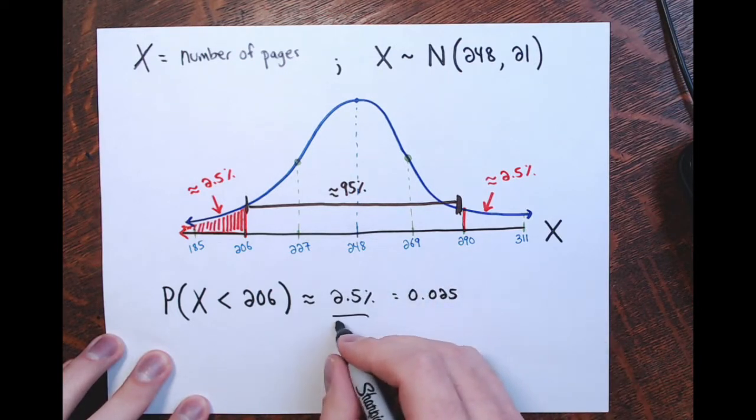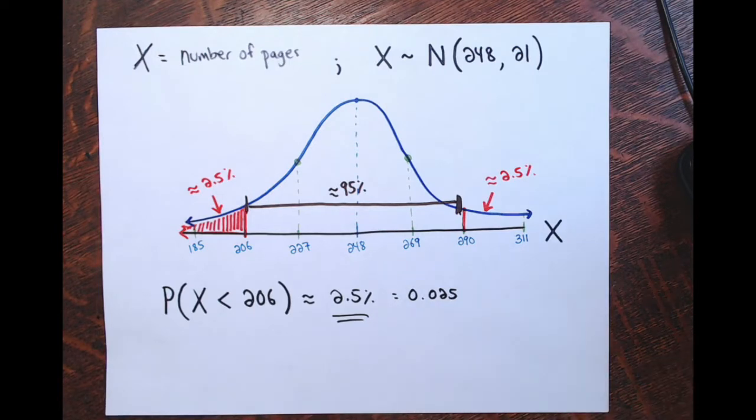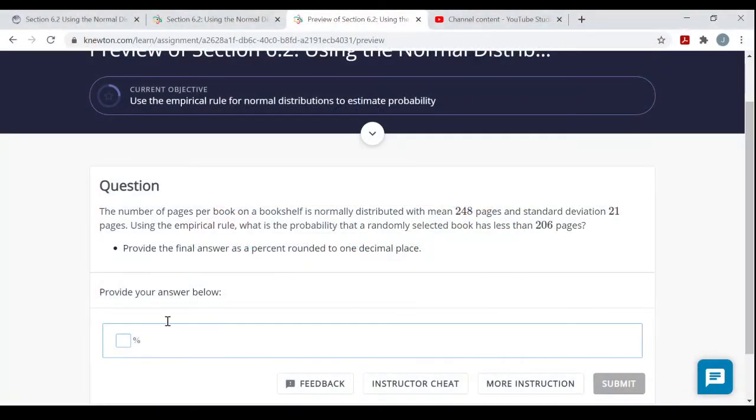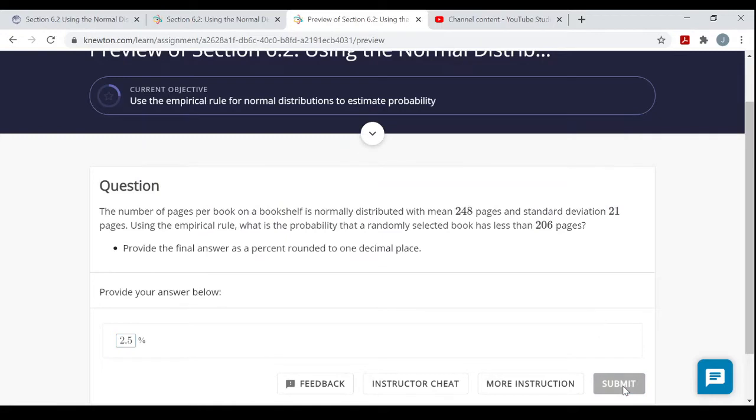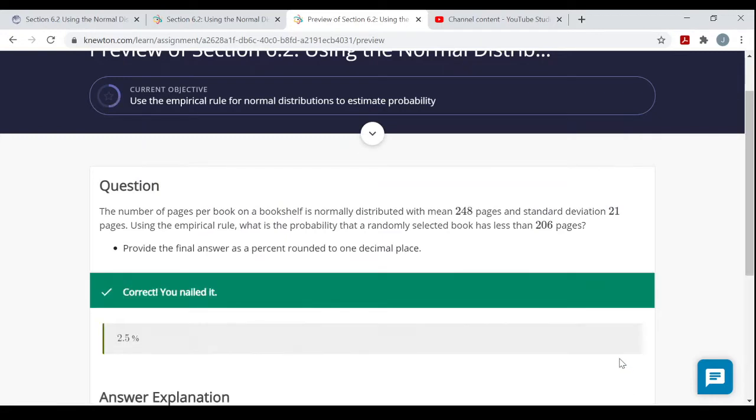But I think they want it as a percentage, so I'm just entering 2.5 there. Wonderful. Again, I would recommend drawing a picture and marking off where the 1, 2, and 3 standard deviations above and below the mean are.